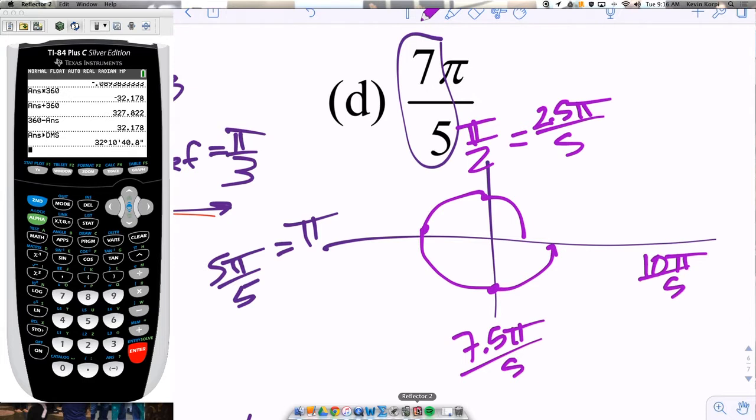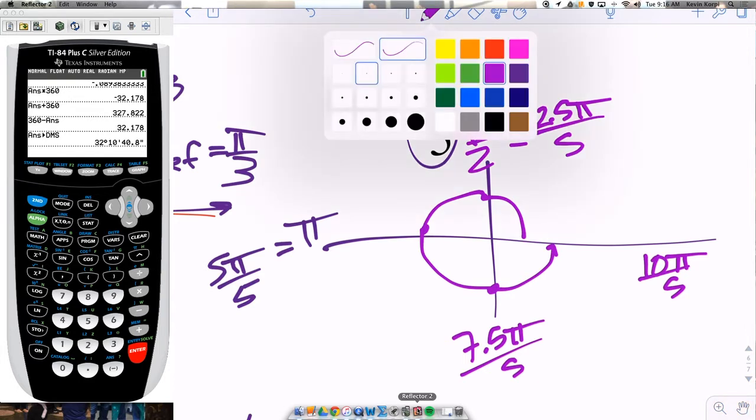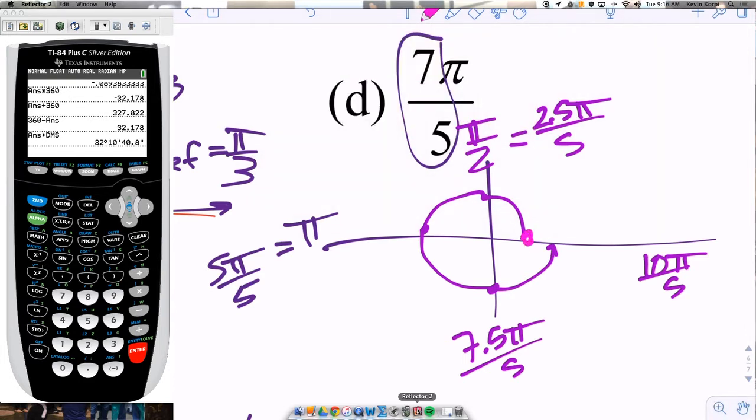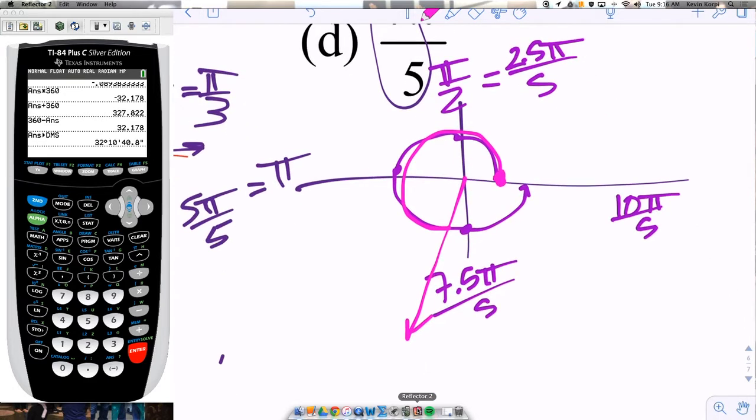And then you have your quarter cycle counting interval. You're counting by quadrants now. So if you know down here at 270 is 7.5, and you're only going 7, you stop just short of 7.5. You're down here somewhere, right? That's 7 pi fifths. So you know you're going to be in quadrant 3.